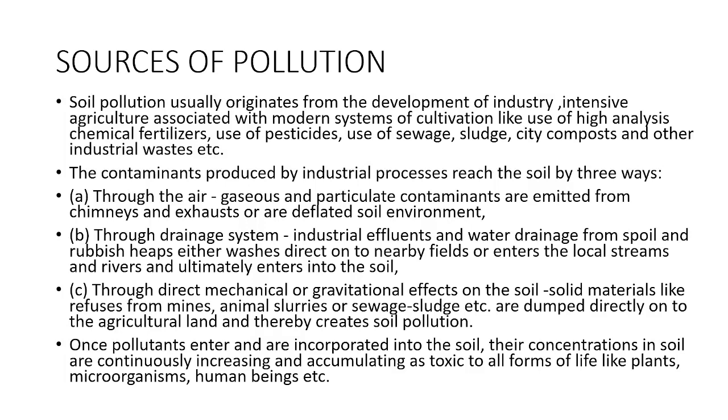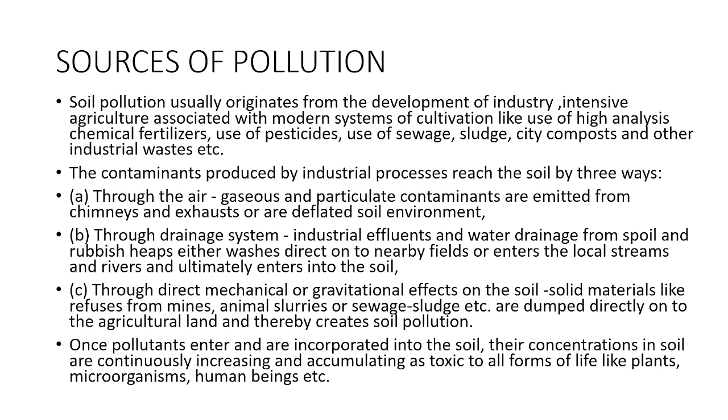So that is through the drainage system, or we can say through aquatic habitat also, soil pollution is possible, or that may be a way by which pollutants are reaching the soil. The next is through direct mechanical or gravitational effects on the soil.